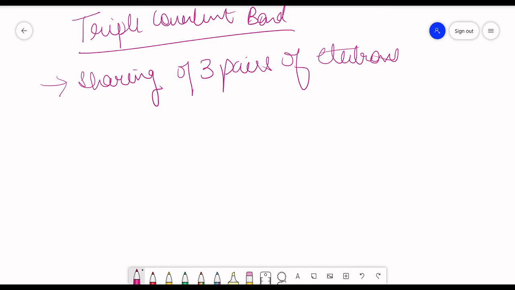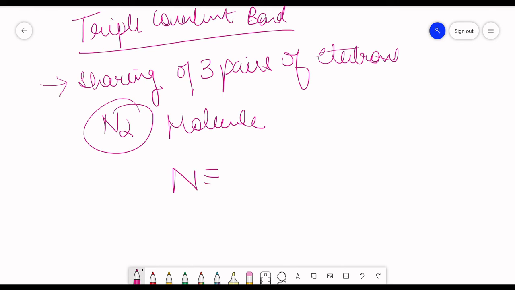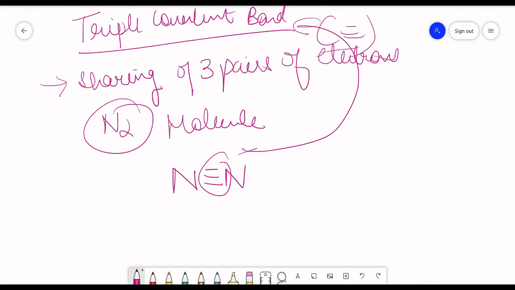A nitrogen molecule also contains a triple covalent bond. This is the way you write the nitrogen molecule, and I'll show you the bonding present in it. This way, one from two. So a triple covalent bond is represented by three lines. This is the triple covalent bond present in it, right?